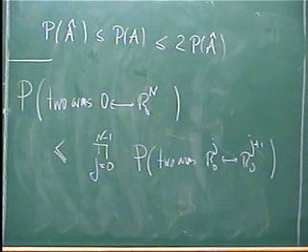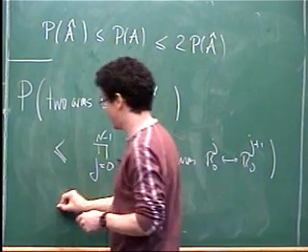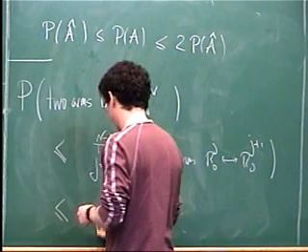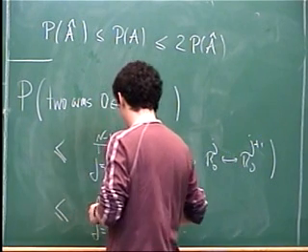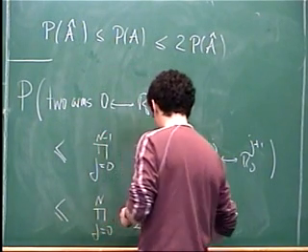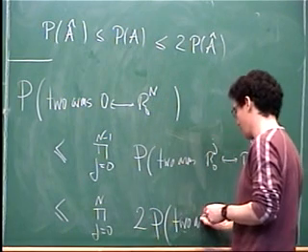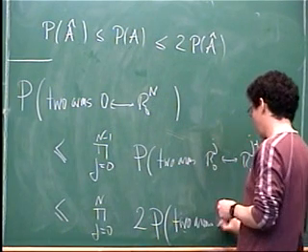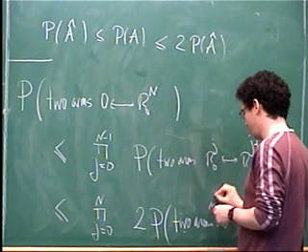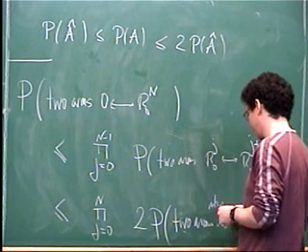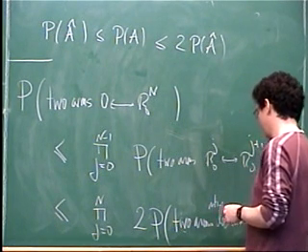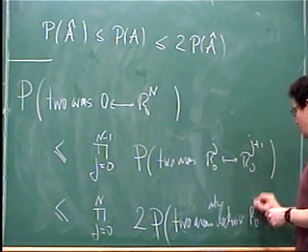And then in each of these, this is smaller than 2 times the probability to have 2 arms, clockwise or anti-clockwise, ordered, from R0 to the j to R0 to the j plus 1.